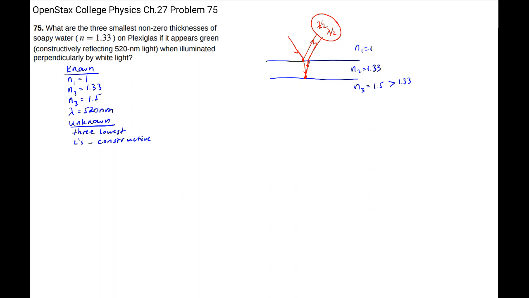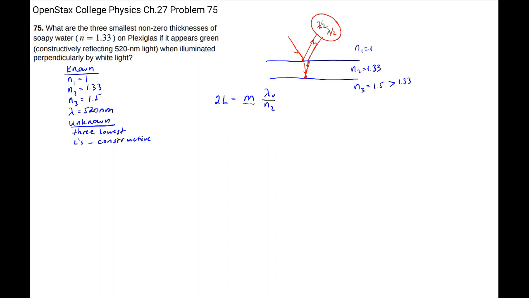So now we want to know the three lowest thicknesses so we can see the light that's reflected from the top and bottom. The equation we have to use is 2L equals m lambda vacuum divided by the index of refraction in the thin film, and we want the three lowest thicknesses.